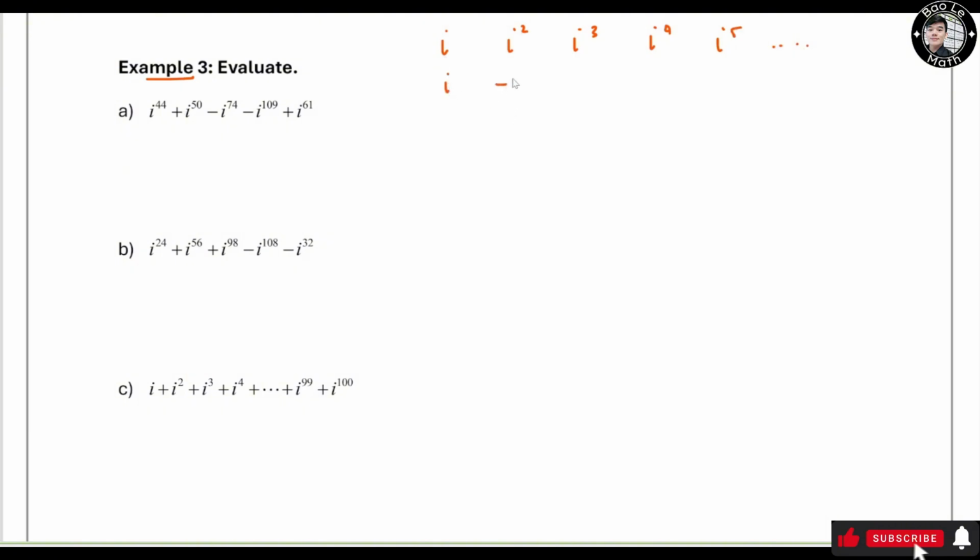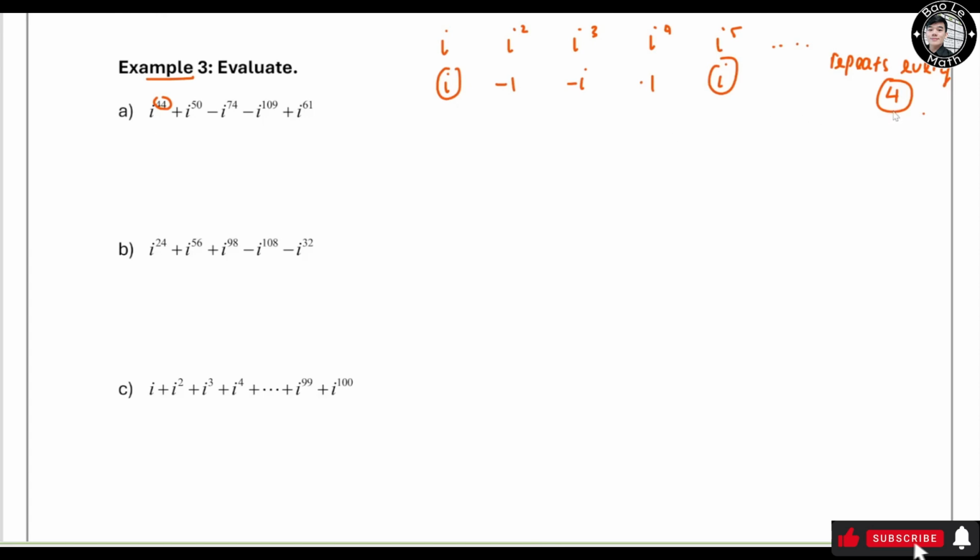i squared is actually negative 1, right? i cubed is going to be negative 1 times i, which is negative i, right? And i to the 4 is going to be negative i times i, which is 1, right? And i to the 5th is going to be i. So this is the same, right? Which means it's going to be repeating every 4, right? We're going to take 44 right here. We divide by 4.